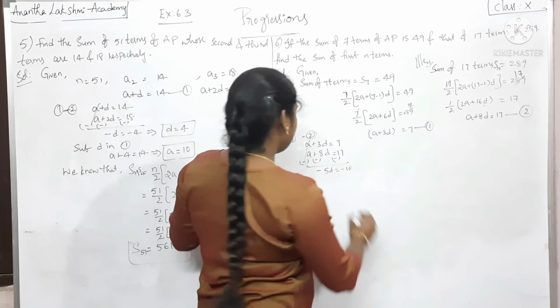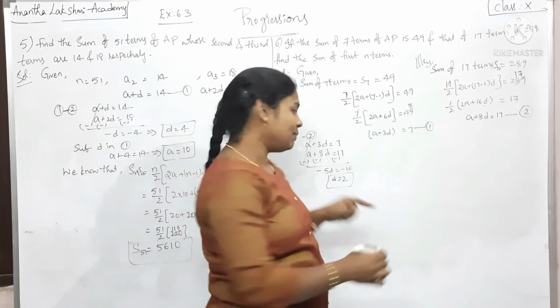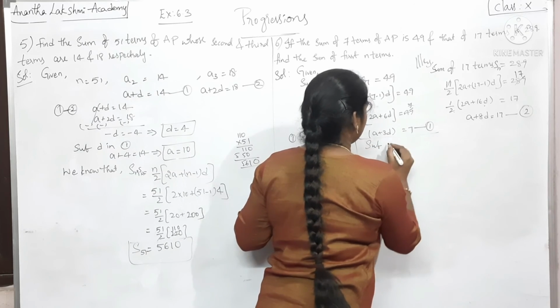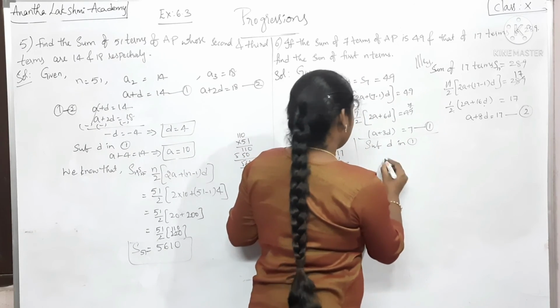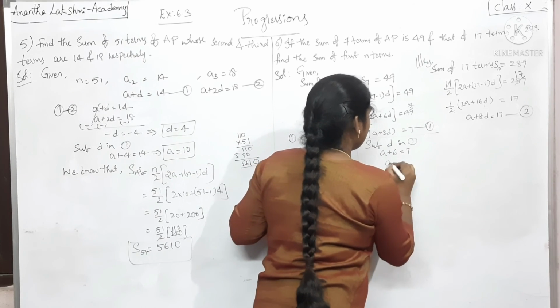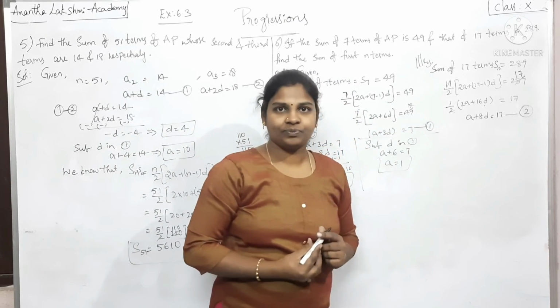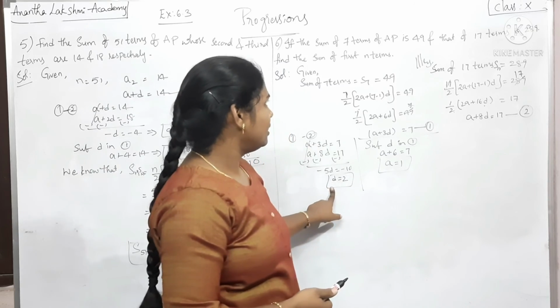Isn't it? d is equal to 2. Now how do I get a? By substituting d in 1. Substituting d in 1, I get a plus 3 2s are 6 is equal to 7. a is equal to 7 minus 6, which is nothing but 1. Alright. So now you know a, d.